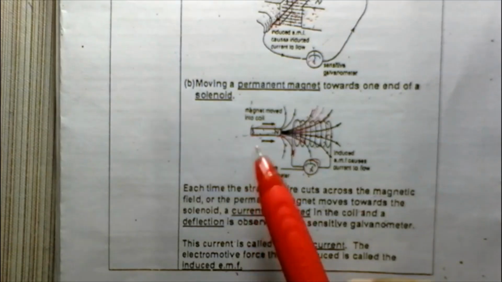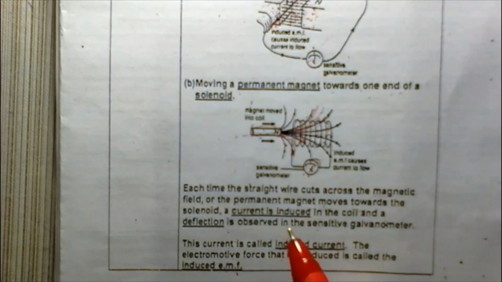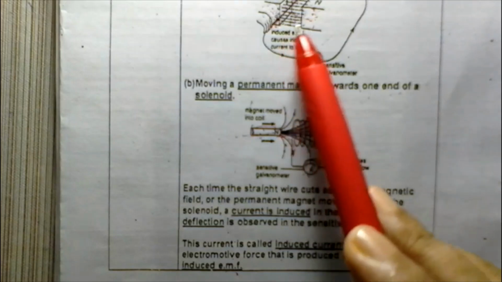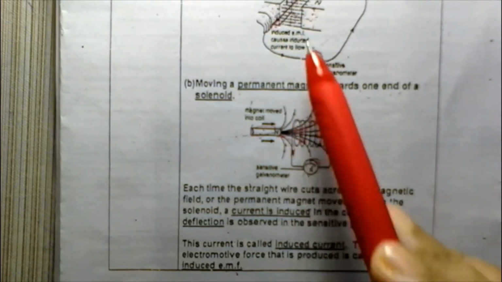So you must understand the concept of electromagnetic induction, which states that induced current is produced due to the change in magnetic field. How can the change in magnetic field be produced? There must be a relative motion. Based on these two examples, there must be movement, a relative motion, in order to produce a changing magnetic field.